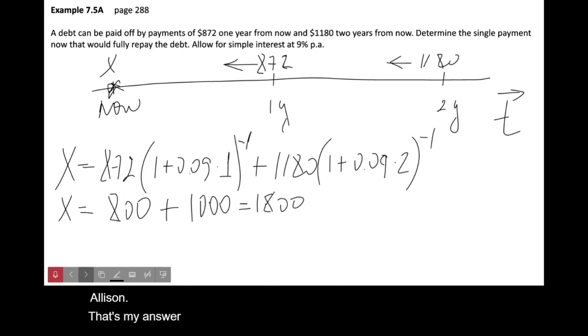Please confirm the number. Now, question. How much money do we save by paying now?